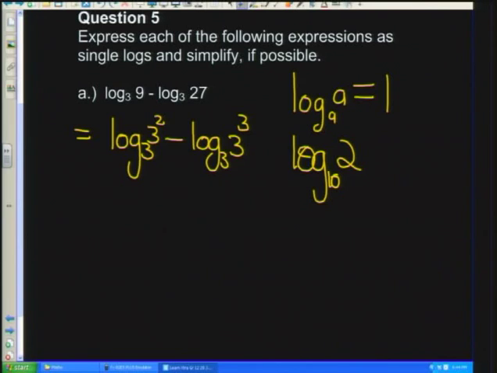What I'm going to do now is take that 2 in the exponent and move it to the front using the 3rd log law. So this is going to be 2 log 3 of 3. And that guy is going to come to the front as well.